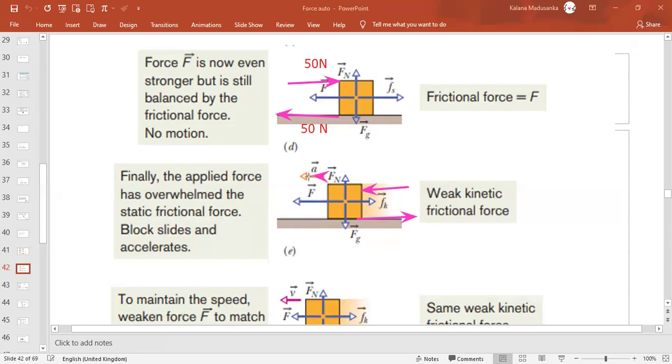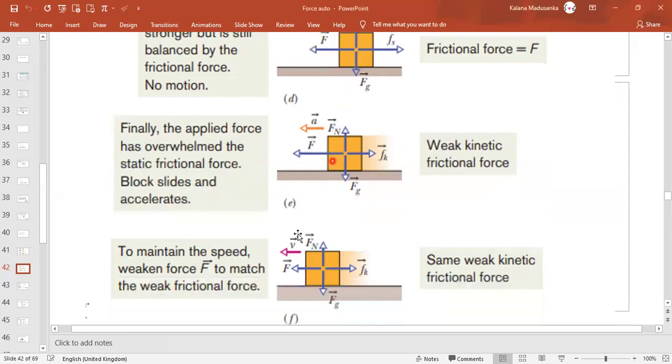So it is going to accelerate in this direction. Now we have the kinematic friction force. And if you, however, increase this applied force, what happened? What do you think about the friction?